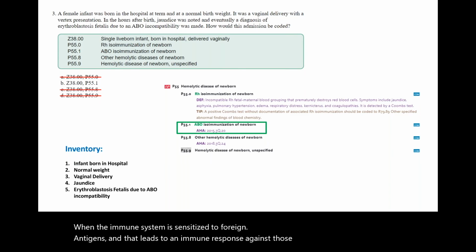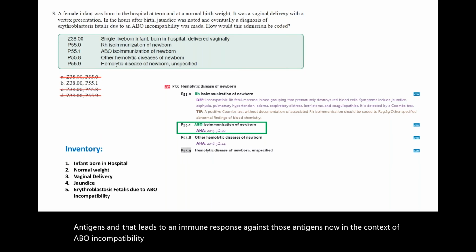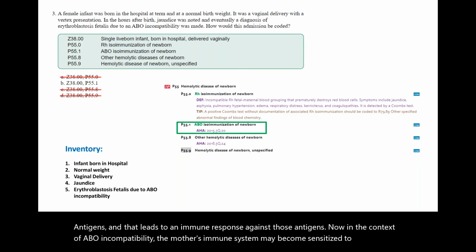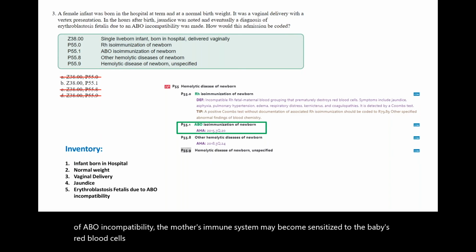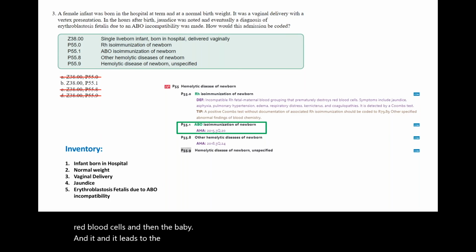In the context of ABO incompatibility, the mother's immune system may become sensitized to the baby's red blood cells, and it leads to the baby acquiring these antibodies.